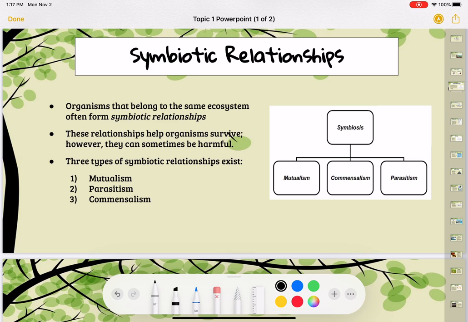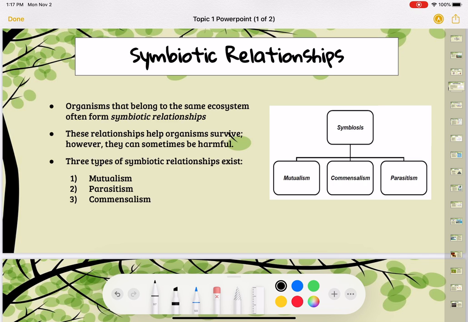With different relationships, it says relationships between different species or the same species. There's a couple different types of relationships that we can have, and these relationships are called symbiotic relationships. These relationships help organisms survive. However, they can sometimes be harmful. Symbiosis is something like you are living together, you're having a relationship with something or someone.